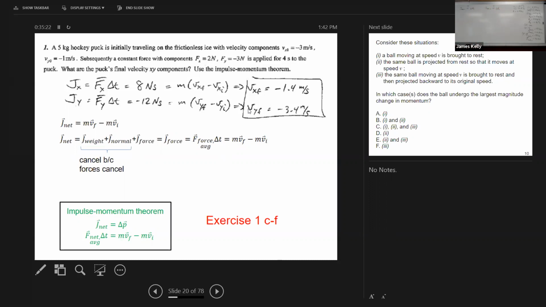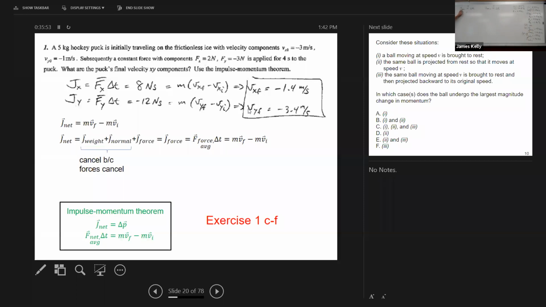Well, we've got the initial y and final y momentum there, so we can just check it. J net x, let's see, we already found in part B that the gravitational impulse gave 0 impulse. Gravitational force gave 0 x component of impulse.